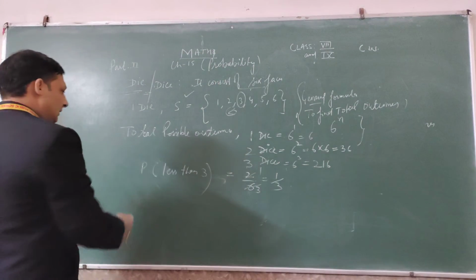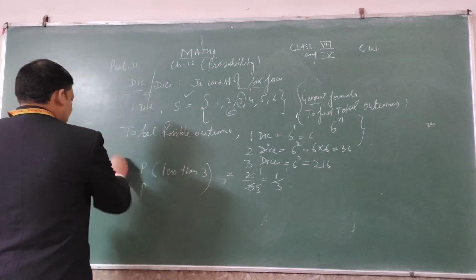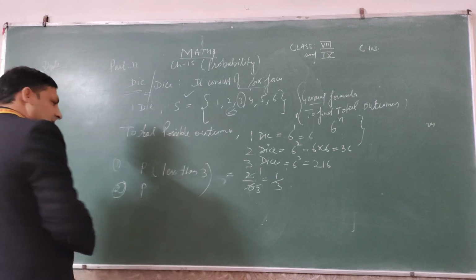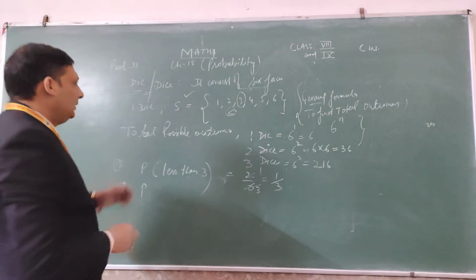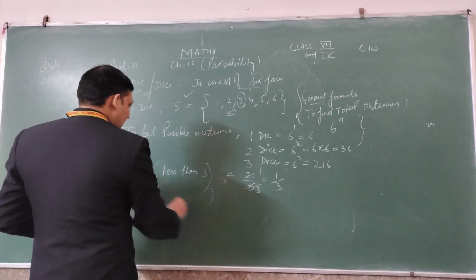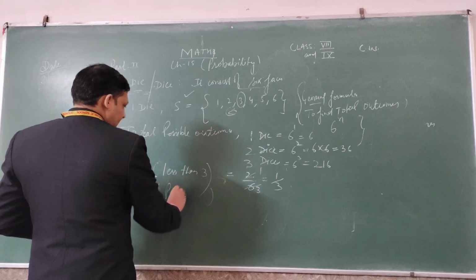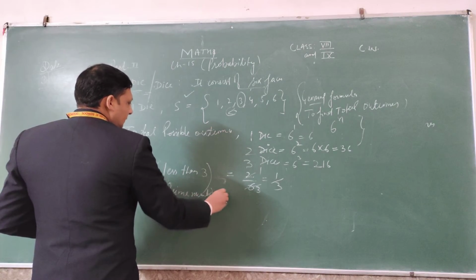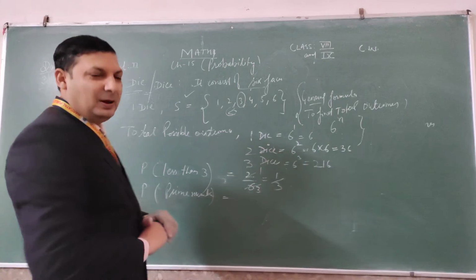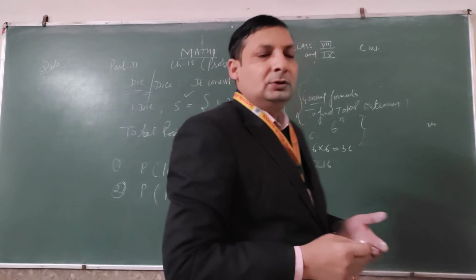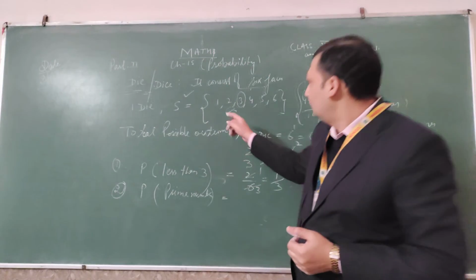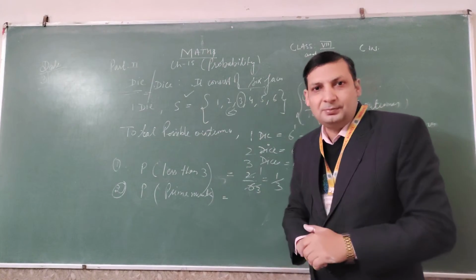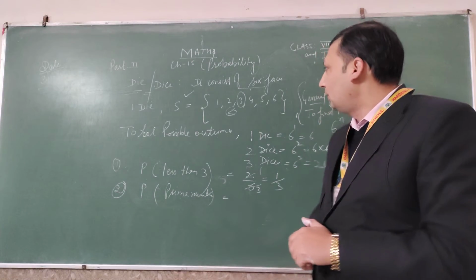Now we have to find another question. The second question I will take for the dice will be the probability of a prime number. It means when we toss a die, we always get 6 total possible outcomes. But here we have to find the probability of a prime number.